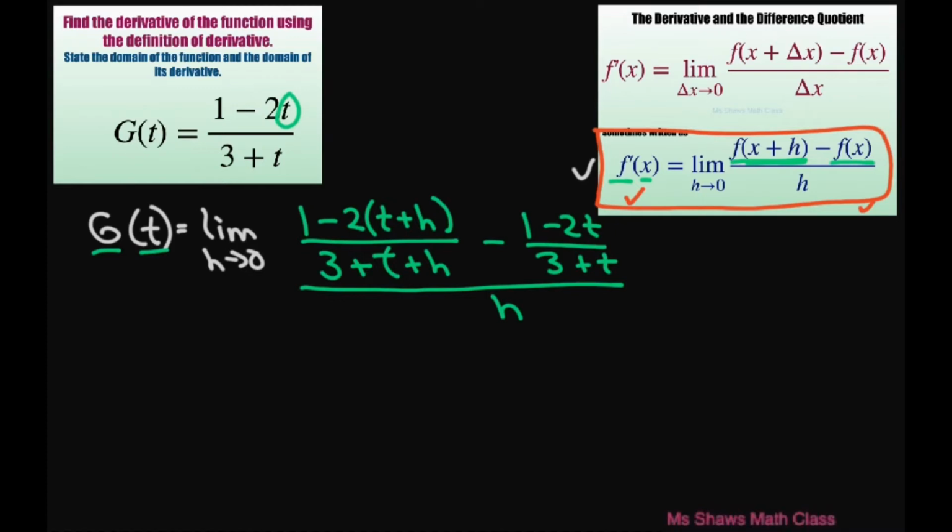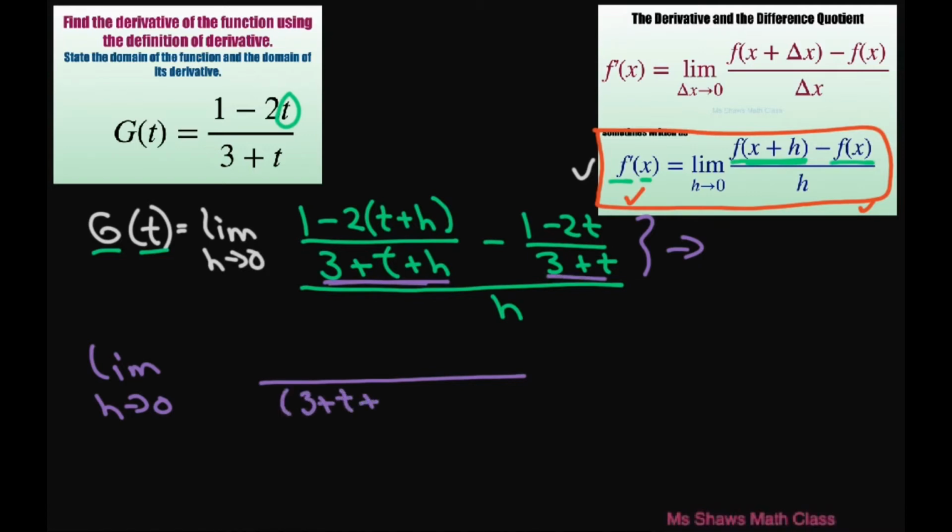Our next step is we need to find the common denominator here. And our common denominator, so let's write the limit out. Limit as h approaches 0 is just these two multiplied. So that's going to be 3 plus t plus h and 3 plus t. And what you do is you just cross multiply these two. I'm going to go ahead and expand this. This is 1 minus 2t minus 2h.